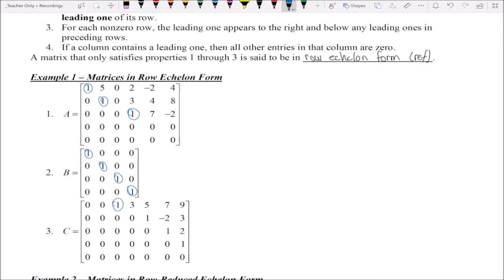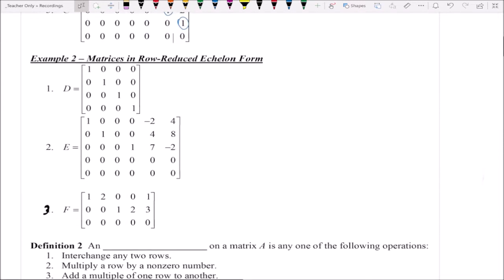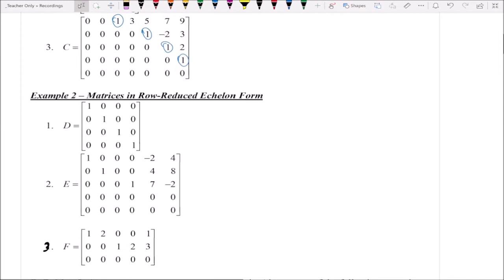Again, let's circle the leading non-zero terms. They are all 1. We have a zero row, and that appears at the very bottom. All of the entries below a leading 1 are 0, and all of the leading 1s are to the right and below the preceding leading 1. These three matrices are all in REF.